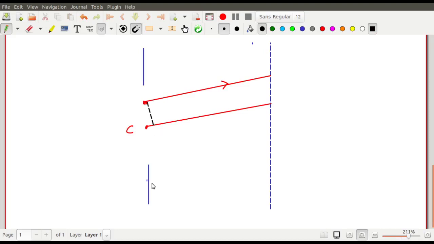And then you know the rule that you have to drop a perpendicular over here. The same rule for the single slit, you have to drop a perpendicular over here.